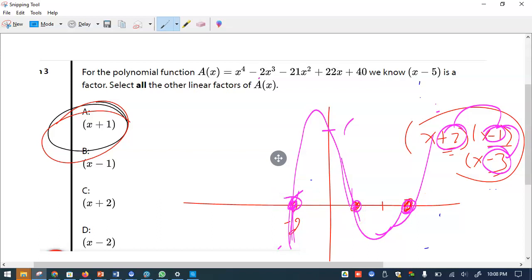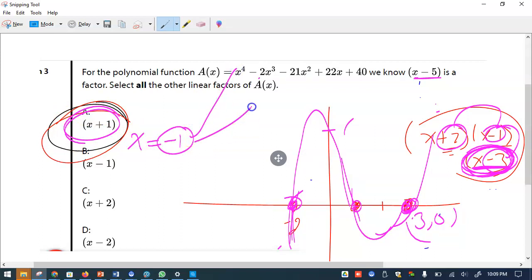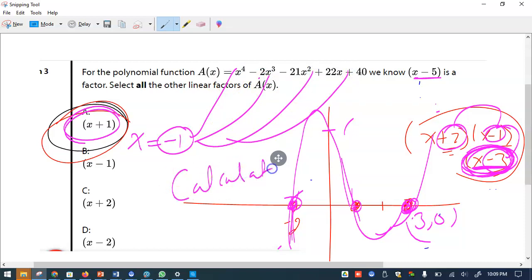So if something is a factor, let's see, this x minus 3, if this is a factor, it means this is the point 3 comma 0. That's what I'm trying to say. All you do is take the opposite of plus 1, which is minus 1, and plug in here, here, here, and here. You have to use the calculator, and for this I will allow you to use the yellow calculator that I have.